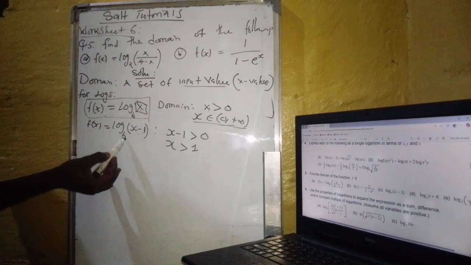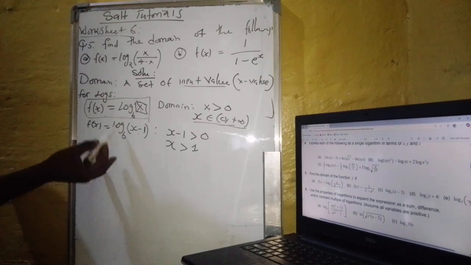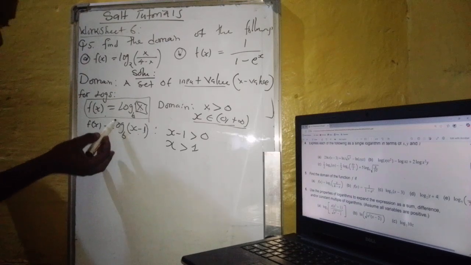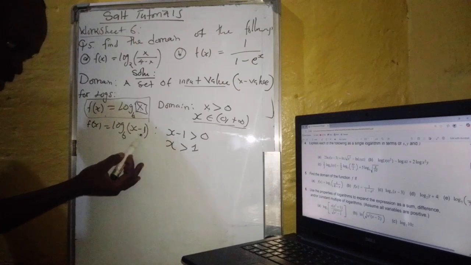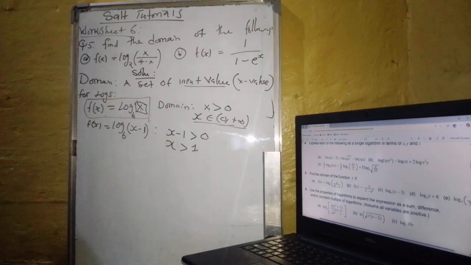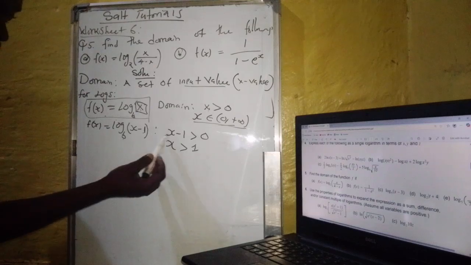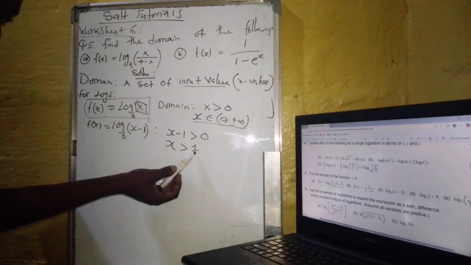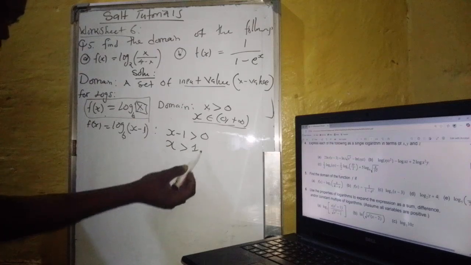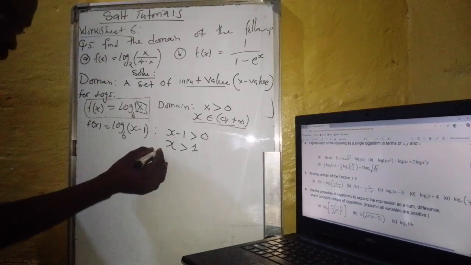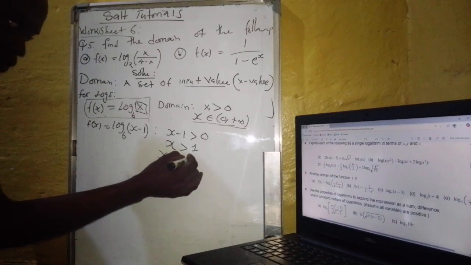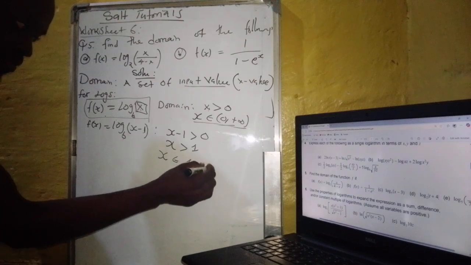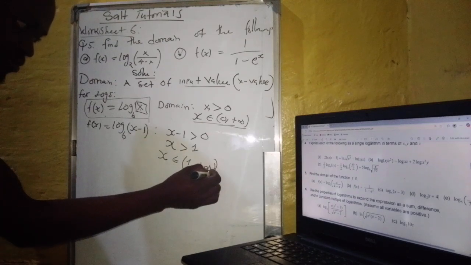Remember, despite the base, it can be log of base 2, log of base 5, log of base 1 over 2. The focus should only be on your input if you are looking for the domain. Meaning that x minus 1 should be greater than 0, so x should be greater than 1. What is the domain which expresses this inequality? The domain is x, a member of from 1 way up to positive infinity. This is your domain.